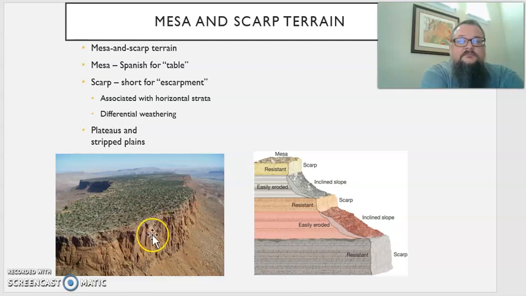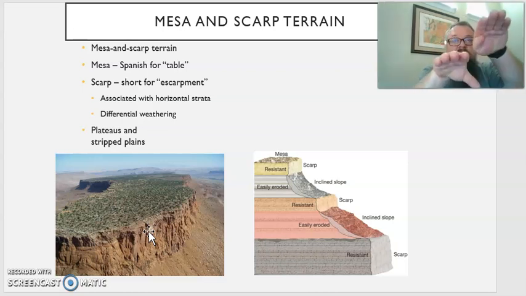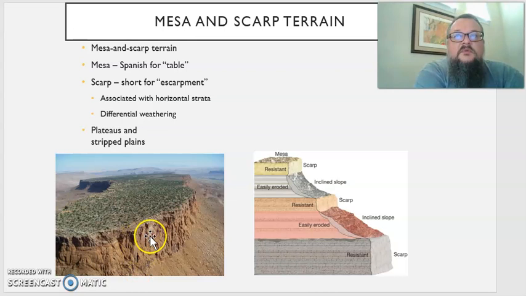An escarpment is just a vertical displacement of Earth. Now, when we talked about it back then, we were referring to an escarpment as a vertical displacement that happened at a fault or a fracture in the bedrock. This isn't necessary. When we refer to scarps in terms of mesa and scarp terrain, we're not necessarily referring to things that happen because of plate tectonics. This more than likely happened due to weathering.